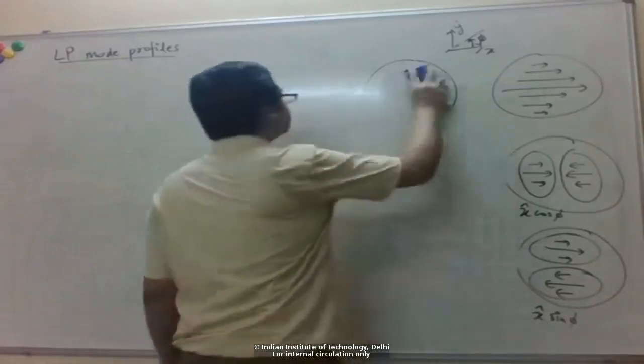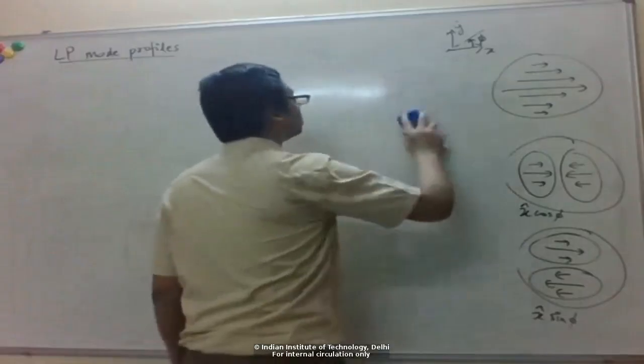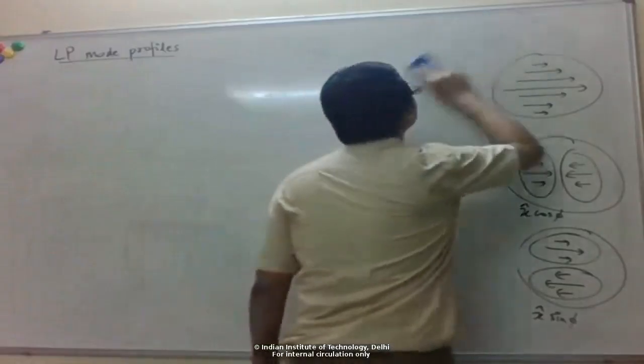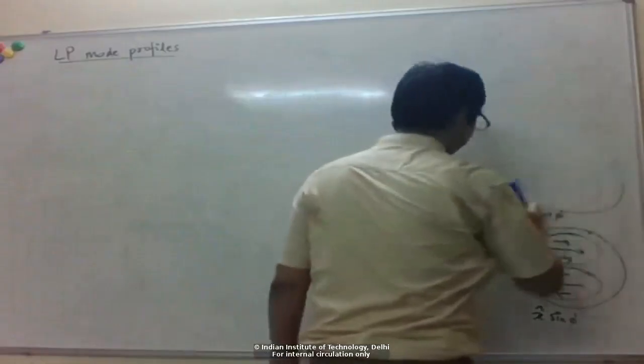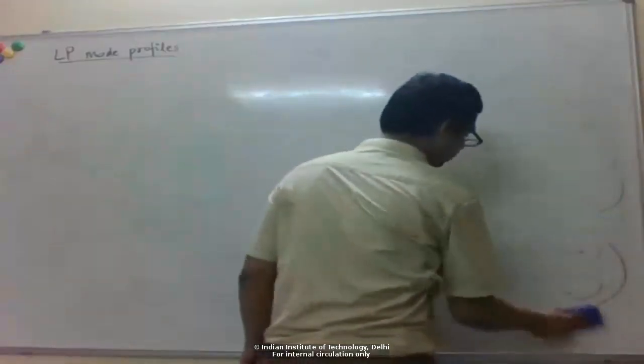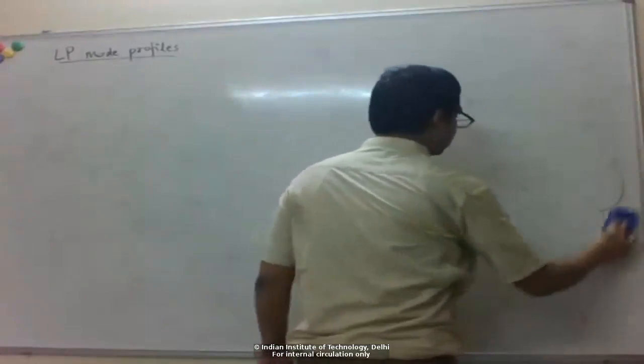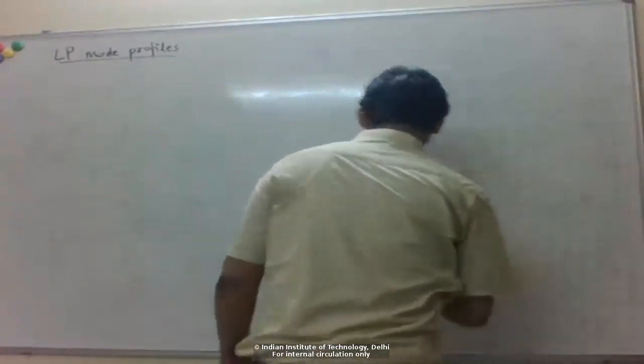So let's see from the solution if that actually works out. We did this for the slab also. Remember that we calculated the longitudinal component and saw that if the index difference is small between core and cladding, then the longitudinal component is small compared to the transverse component.